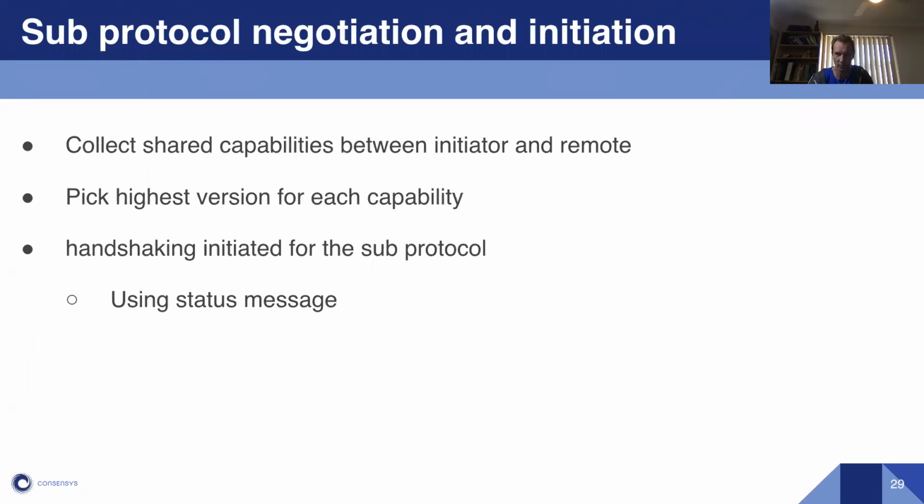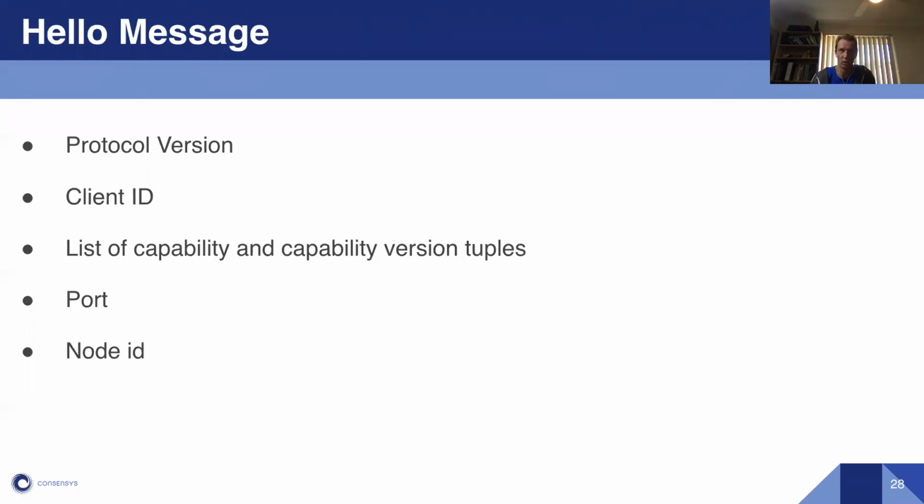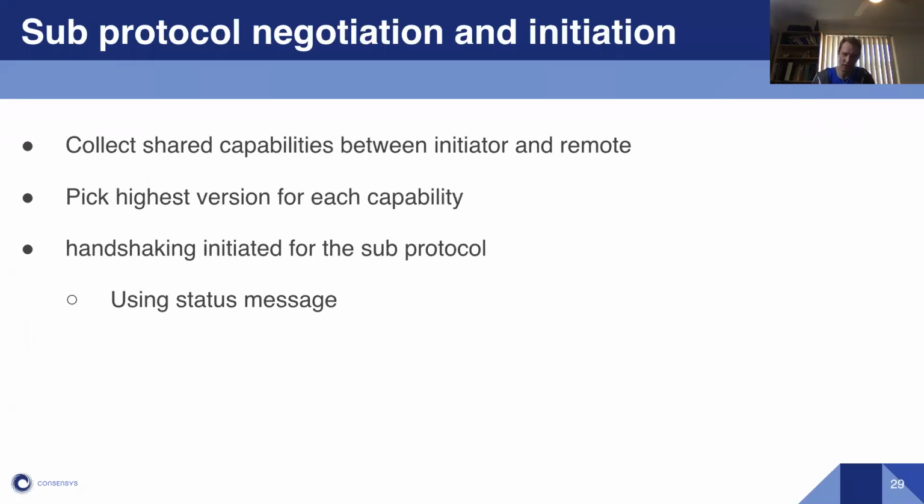As I mentioned, the hello message includes that list of capabilities and capability versions. Then the sub-protocol negotiation is essentially each client saying, okay, I will join those two lists together and give me the intersection of the sub-protocols and version numbers, to say, these are the things that we're going to use to talk to each other.